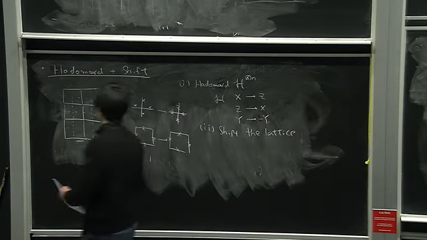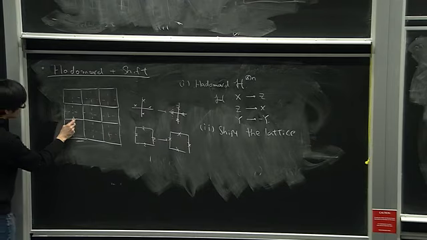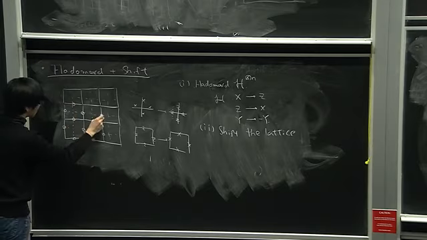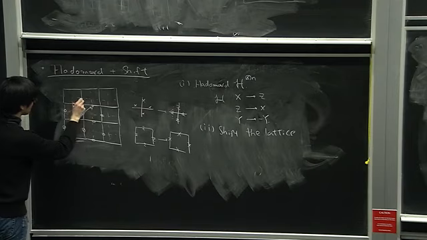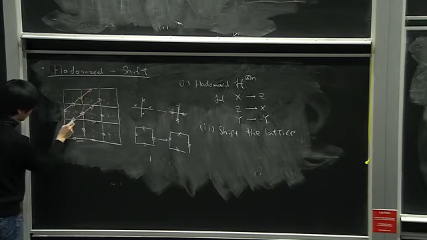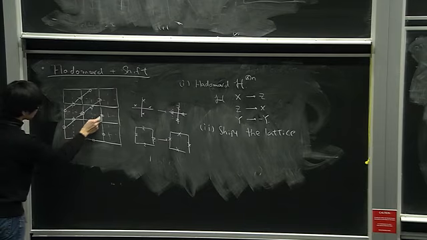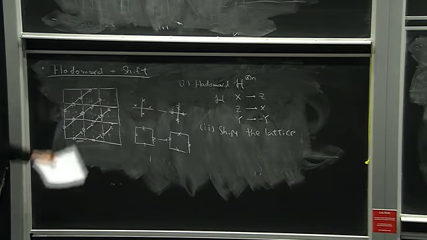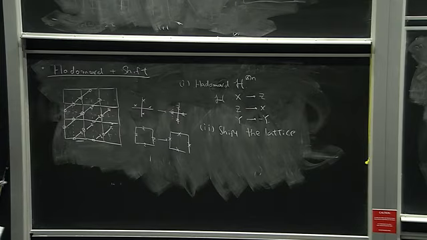By shifting the lattice, we mean that qubits are sitting here, and we just move them in one particular direction, a diagonal direction. Then after doing these two steps, you are returning to the original Hamiltonian.